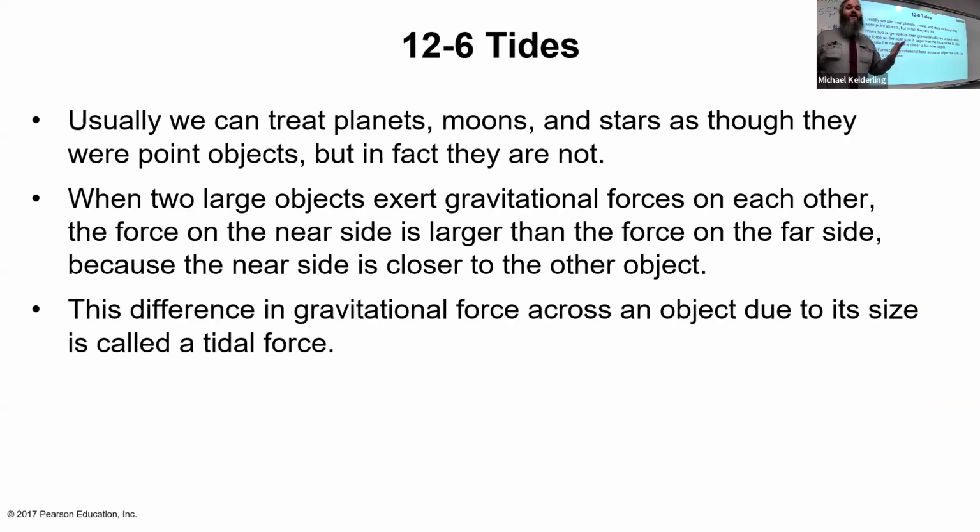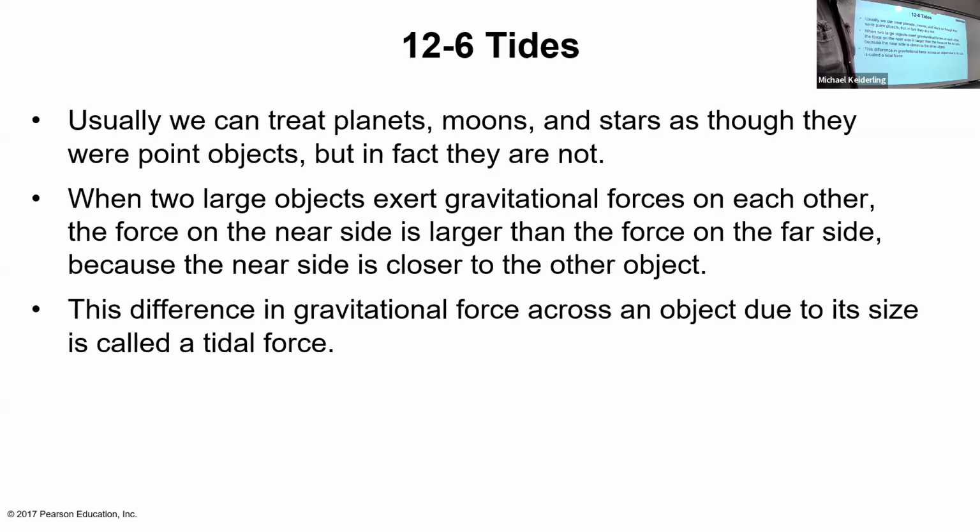And that difference in gravitational force across an object due to its size is called a tidal force. And that difference in gravitational force from the moon is what causes tides on Earth. As Earth rotates relative to the position of the moon, water sloshes about because of that difference in gravitational force.